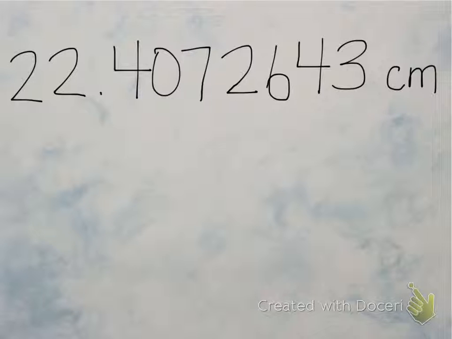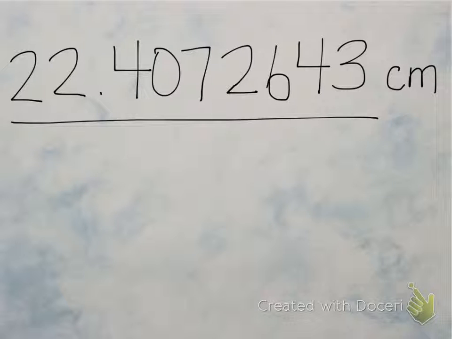So with that ruler, or any ruler that you have, could we report a number like 22.4072643 centimeters? No. Any device that you have to measure length is not going to measure this far.